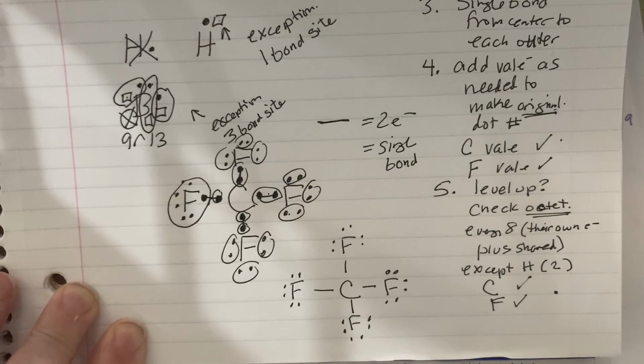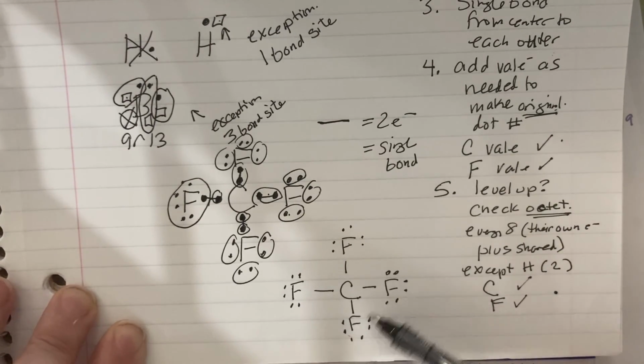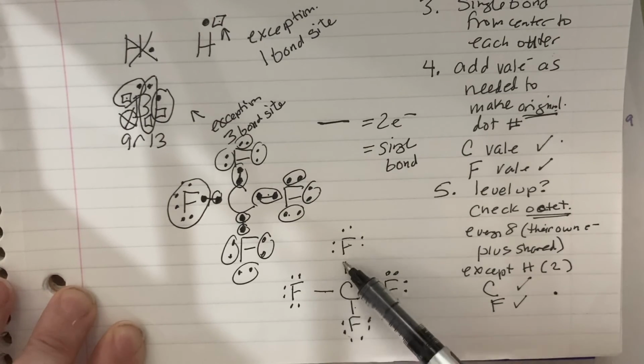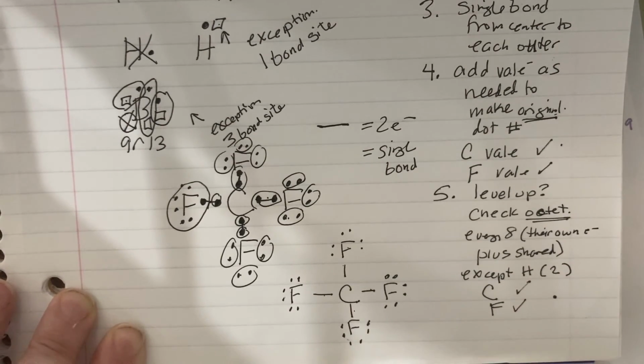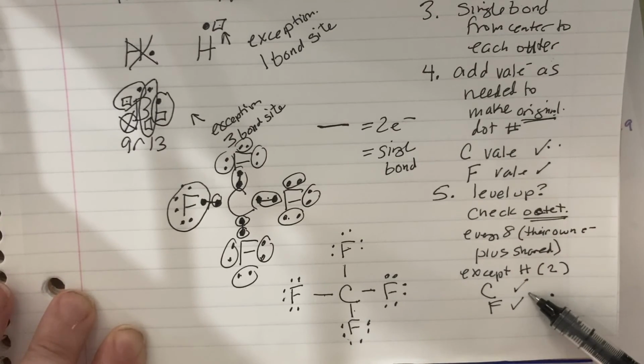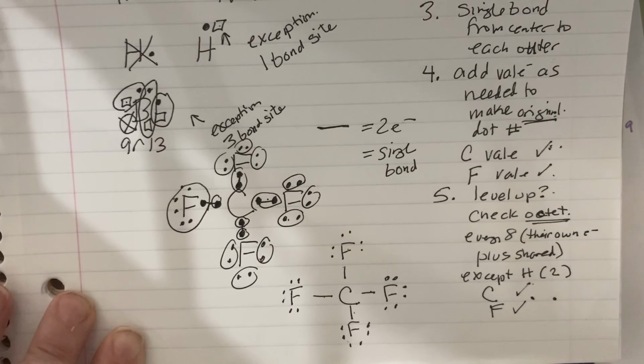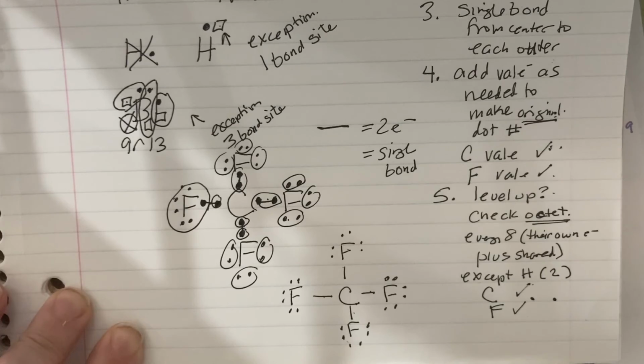So on your work, find the central atom, place the outers around, give everybody a single bond from the outer to the center. Do your valence electrons, check your octets. Make sure you have this little quality control, QA/QC, on your table so that I can see that you physically went through and checked it.